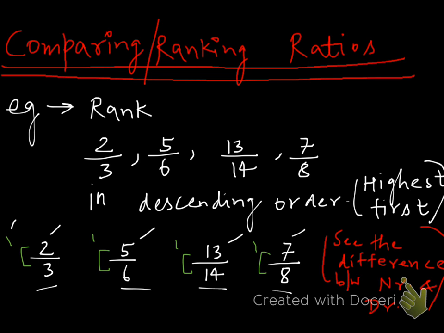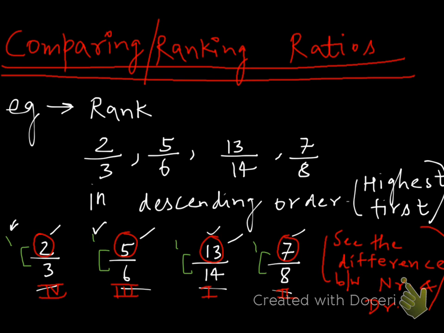In our case, 13 is the highest number, so 13 by 14 will be the largest fraction, followed by 7, then 5, then 2. So now we have ranked them as well. 13 by 14 is rank 1, 7/8 rank 2, 5/6 rank 3, and 2/3 rank 4.